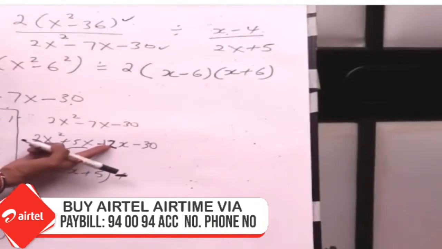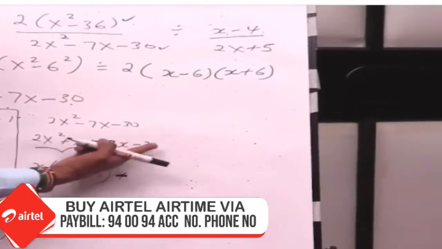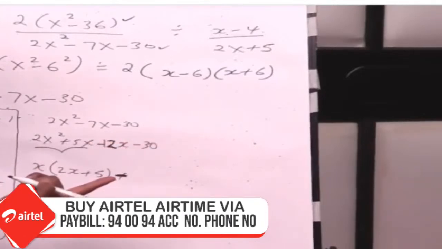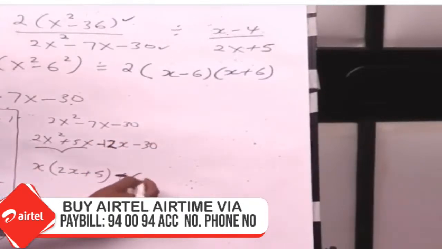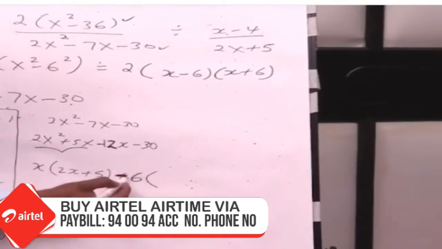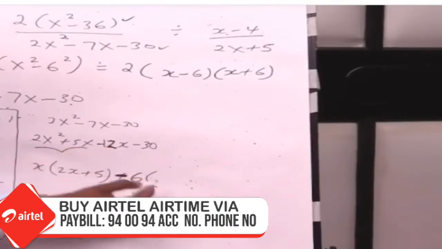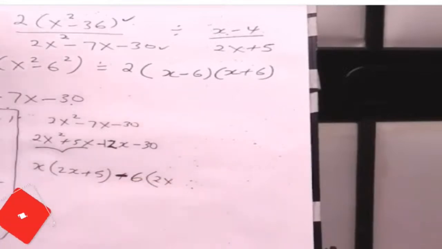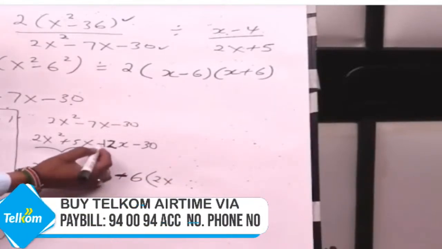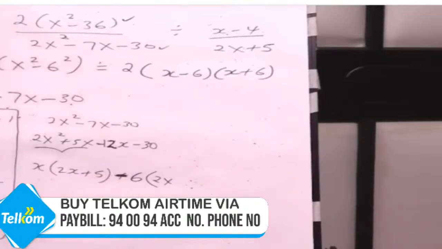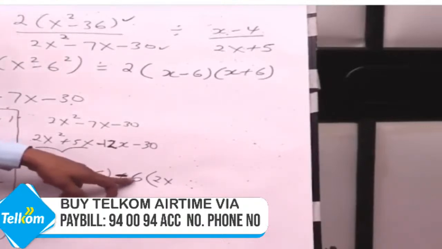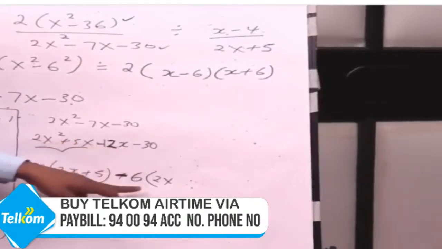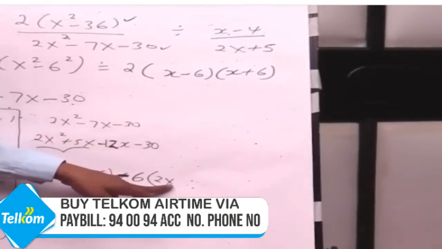What is common between 12 and 30? That is 6. So 6 goes into 12x, 2x times. Then minus, you take it with its sign. So minus 6 goes into minus 12x, 2x times.